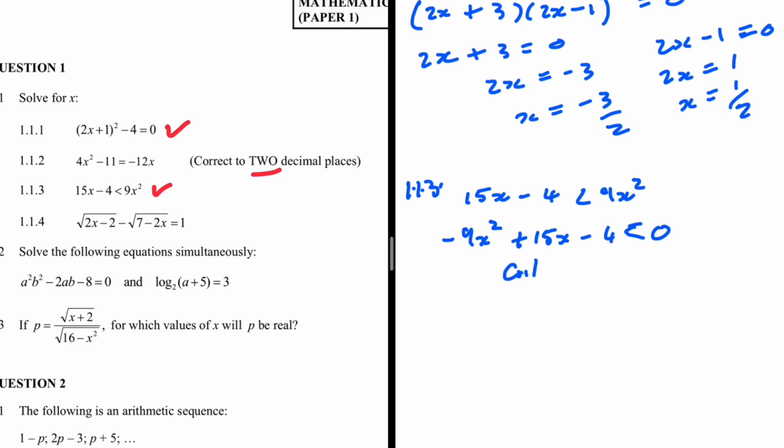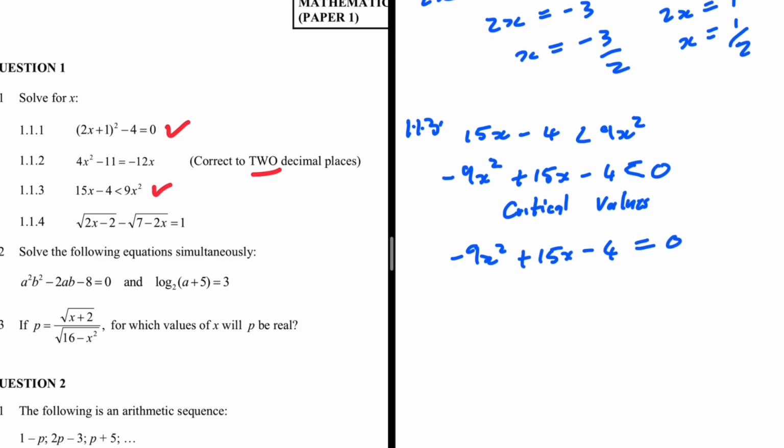Now we can go ahead and find our critical values. In finding our critical values, we can drop the inequality and replace it with an equals sign. So we have −9x² + 15x − 4 = 0. If we divide everything by −1, we get 9x² − 15x + 4 = 0.